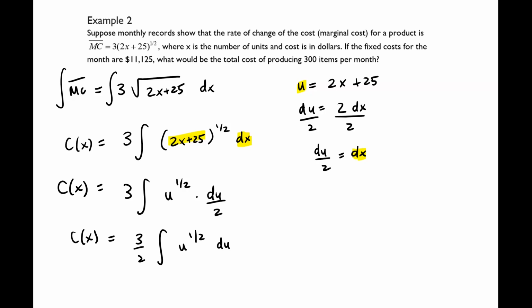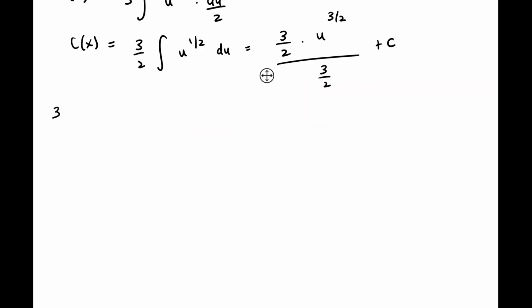Now we can just use the power rule. So that's going to equal 3/2 times. We want to increase the power by 1. So 1/2 plus 1 is 3/2. And then we want to divide that by 3/2 as well, plus c. So we'll have 3/2 times, I'm going to multiply it by the reciprocal in the denominator so we can get rid of the fraction portion.